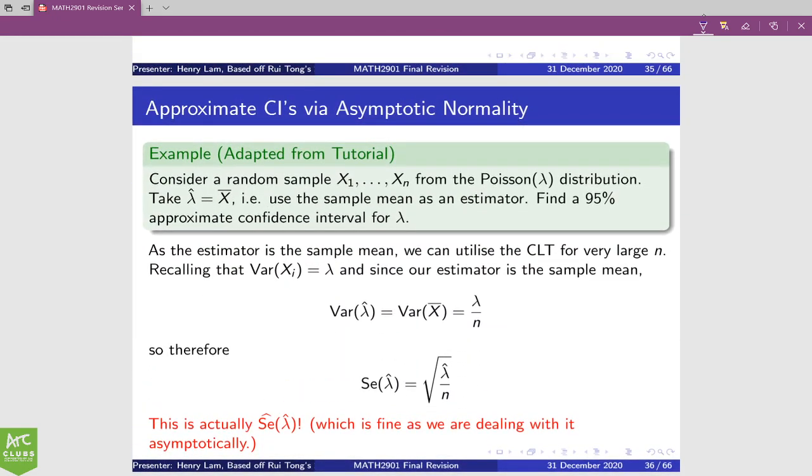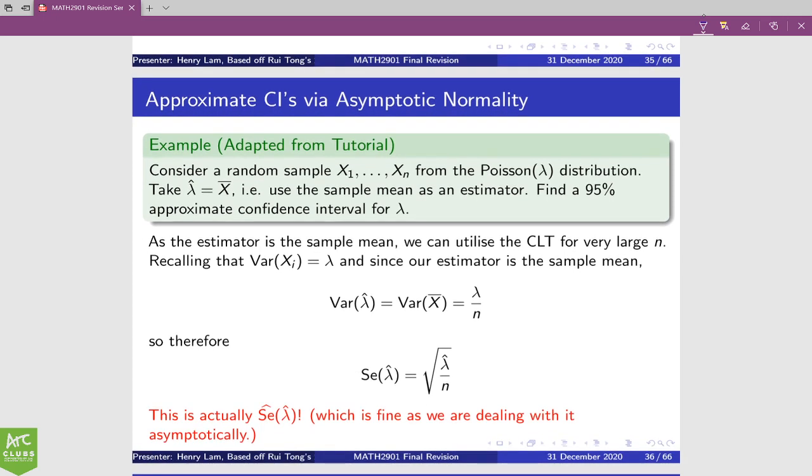Let's suppose we want to find a confidence interval for lambda in a Poisson distribution. But we don't really know how to do it exactly, because it completely depends on the distribution. So we're going to settle for an approximate confidence interval.